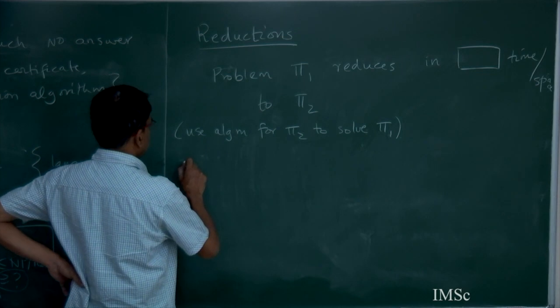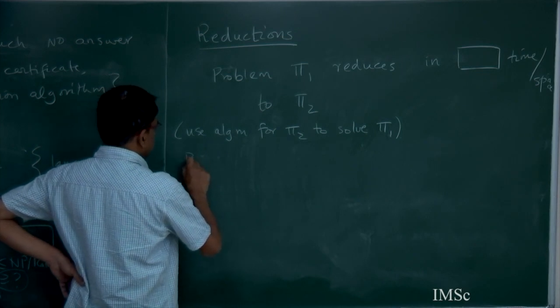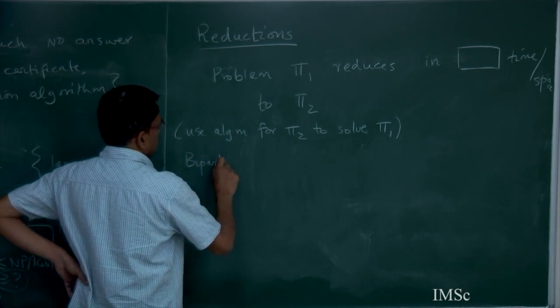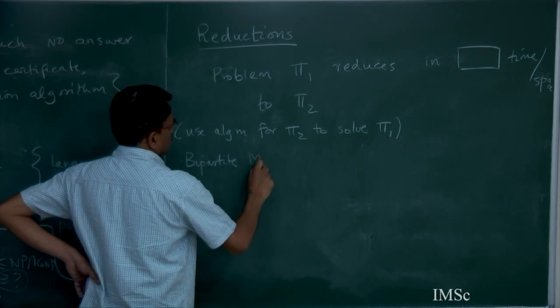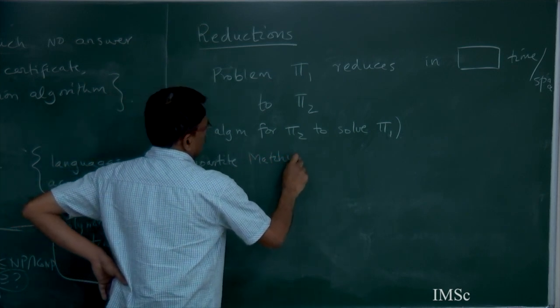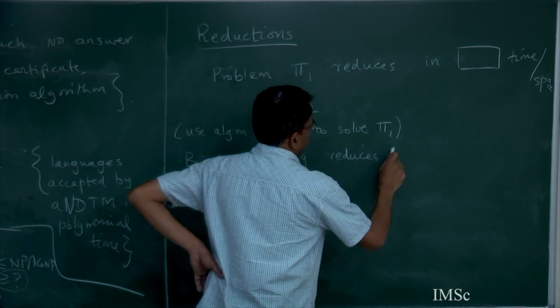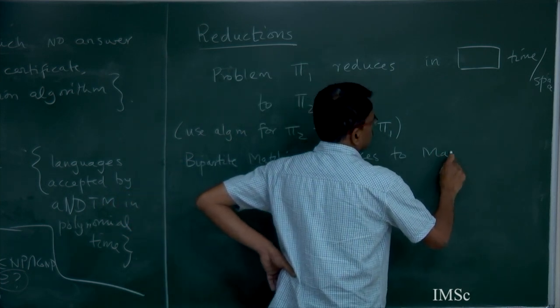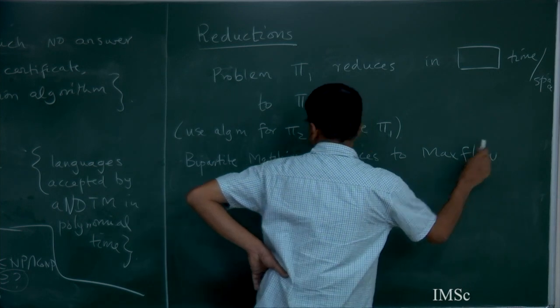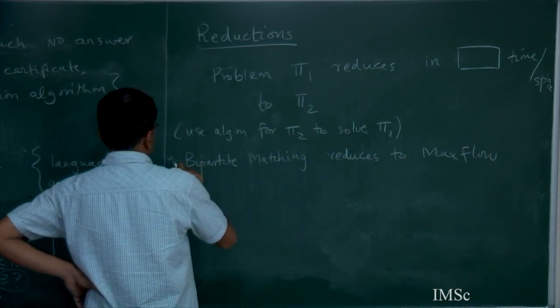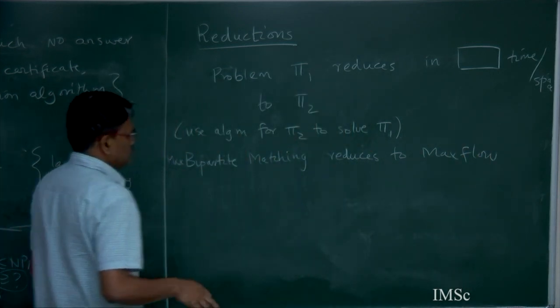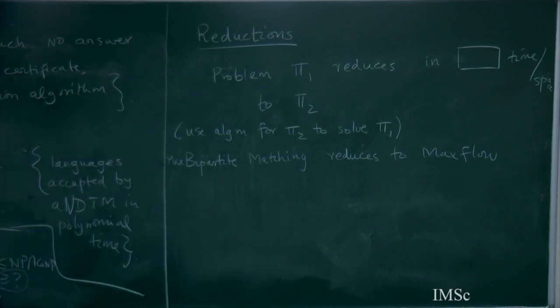For example, we have reduced bipartite matching to max flow. Given a bipartite graph, you want to find the maximum set of disjoint edges.